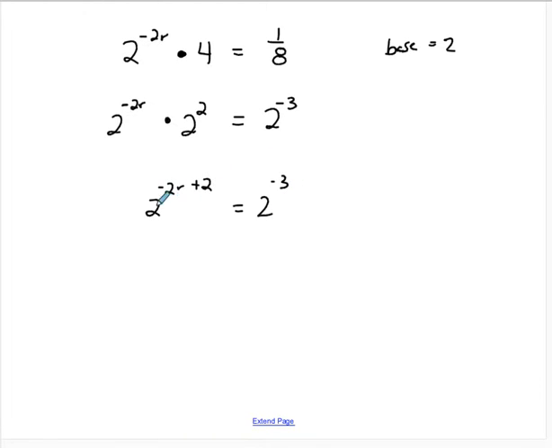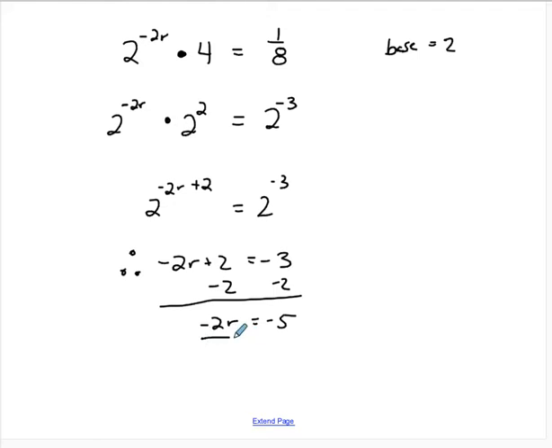Okay, so now my bases are the same. So therefore, my negative 2r plus 2 is equal to negative 3. And solving, negative 2r is equal to negative 5. r is equal to 5/2.